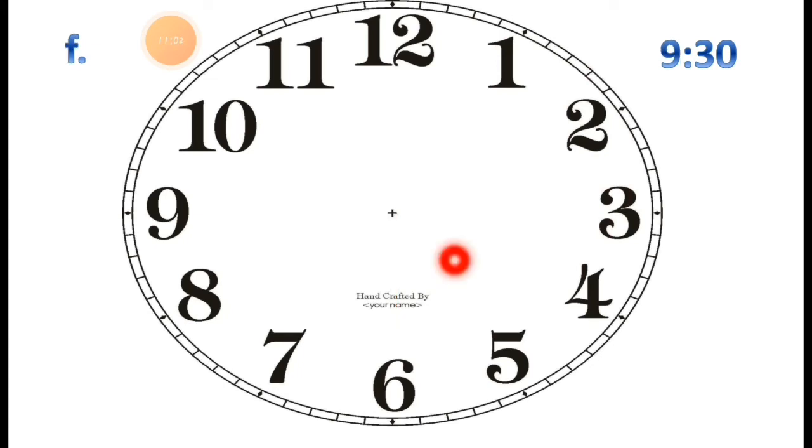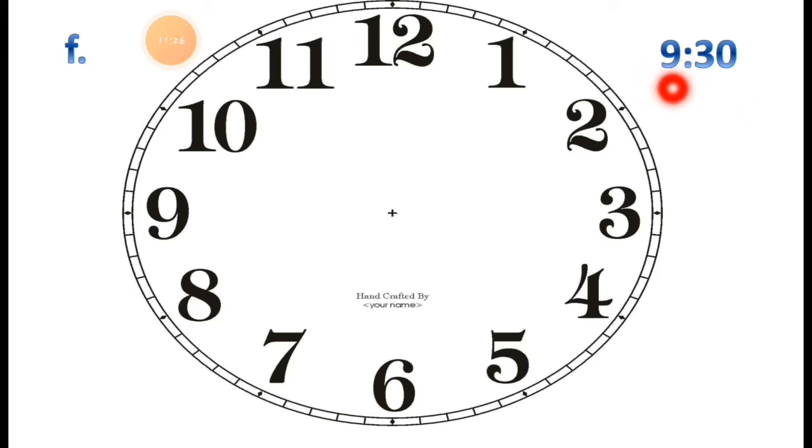Now the next clock I have for you is clock number F. The time given is 9:30. We have to draw both hands to show 9:30. Where do I have to draw the short hand?